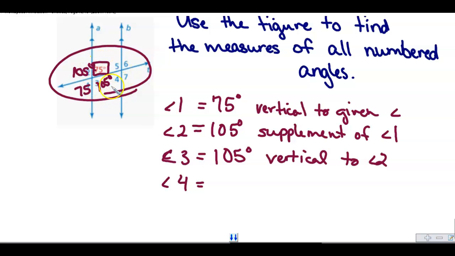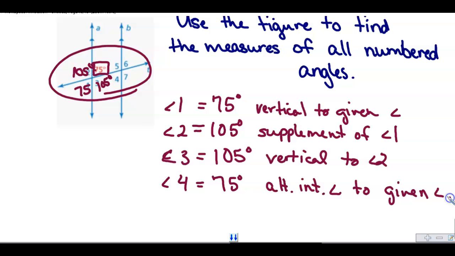They are both interior angles. So angle 4 is also 75 degrees. Why? Alternate interior angles are congruent, and it's the alternate interior angle to the given angle. Okay? So now we know angle 4.